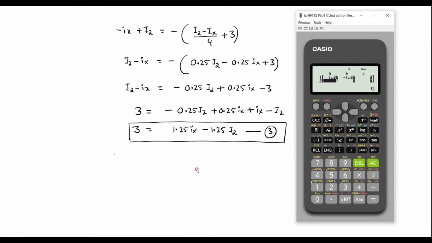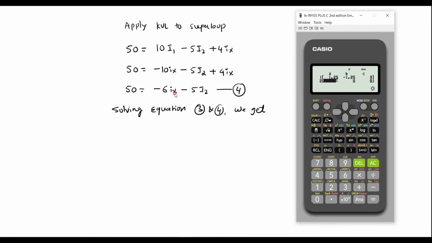Similarly, the coefficient of Ix is minus 6, the coefficient of I2 is minus 5, and this is 50. Press equal. The first variable is Ix, so Ix is minus 3.454. Press equal again. The value of I2 is minus 5.854.